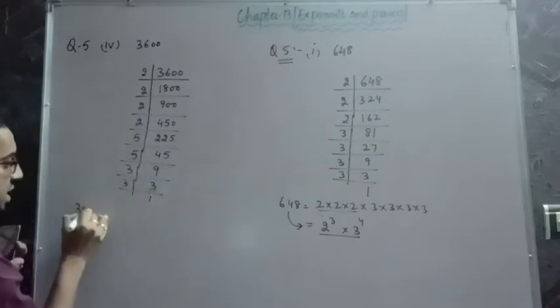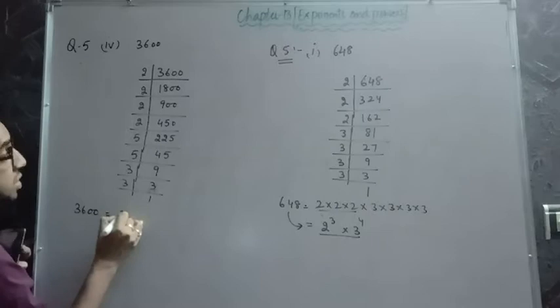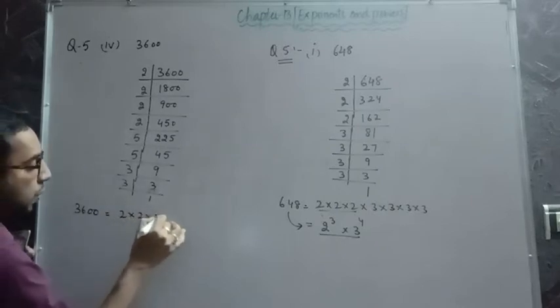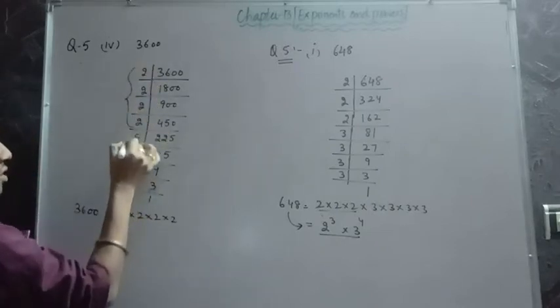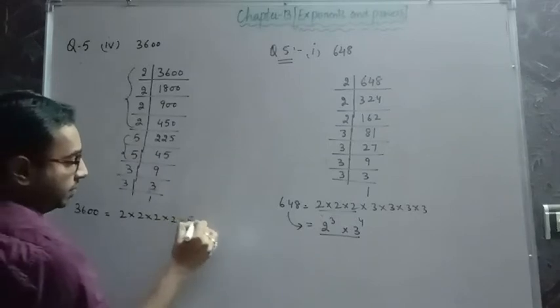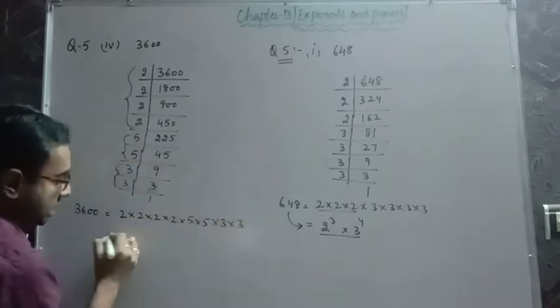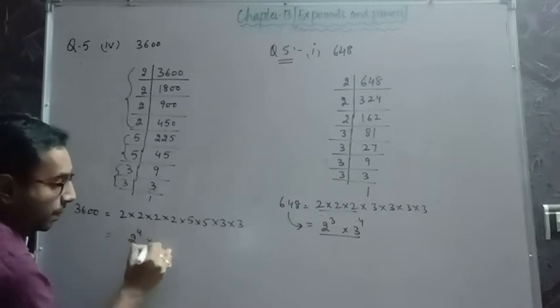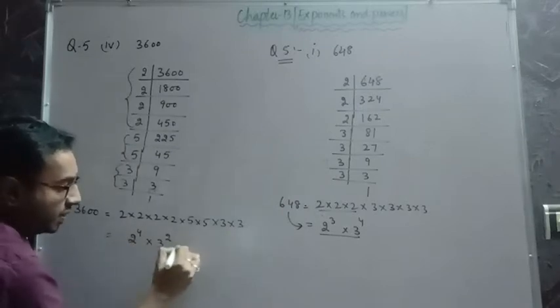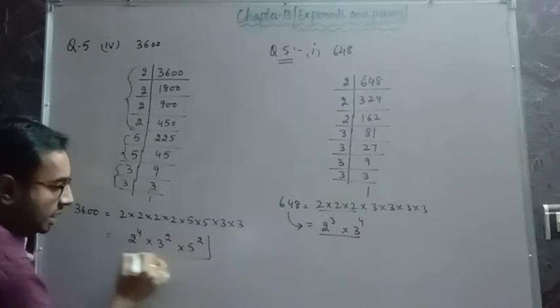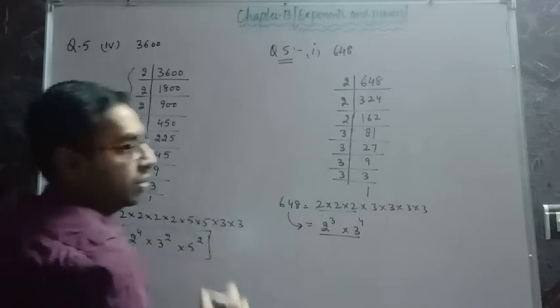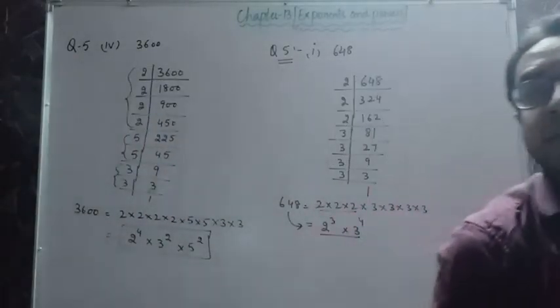So 3600 can be represented as 2 into 2 into 2 into 2, 5 into 5, 3 into 3. So I can write 2 raised to power 4, 3 raised to power 2, 5 raised to power 2. Any doubt with this representation? Clear with this?